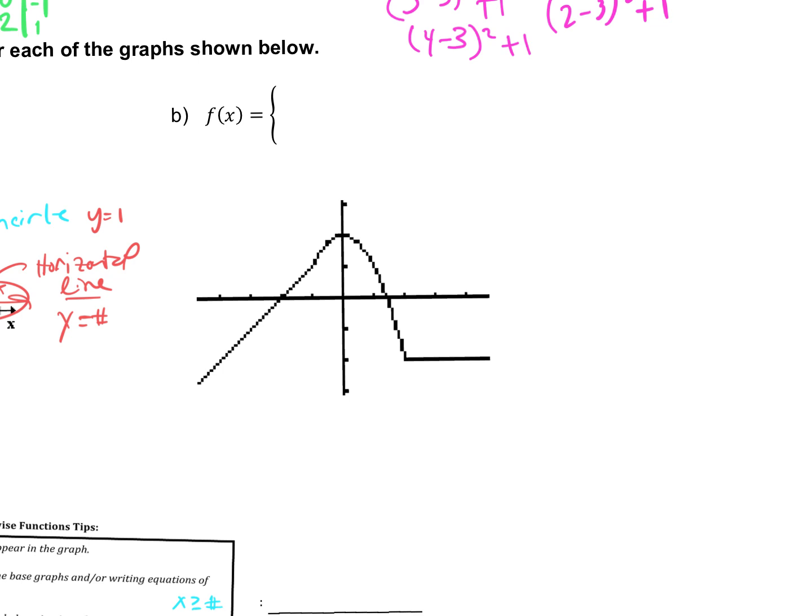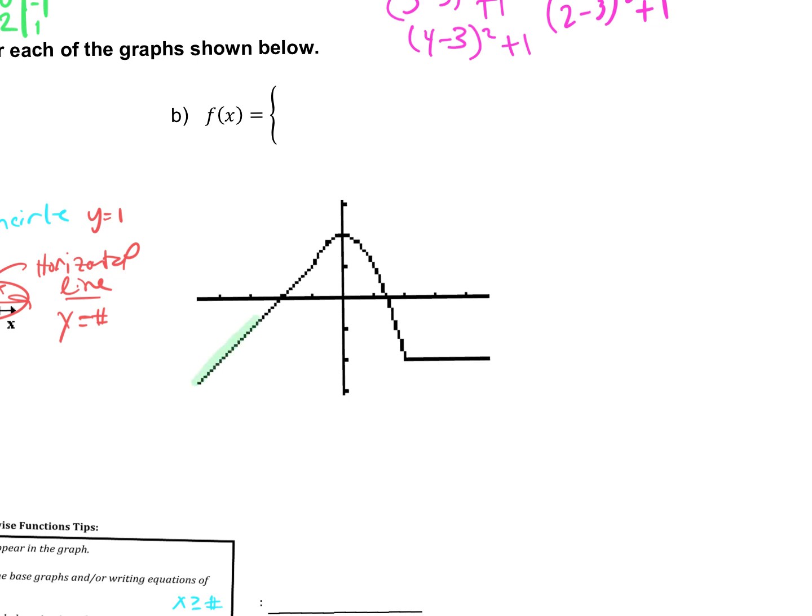Okay, this is actually a graphing calculator picture that we got off there. So the pixelation, you can still see the shape of everything, but I just want you to know there are no holes throughout this graph. So what I'm going to do is highlight them in different colors so I know. Here I see one right here.